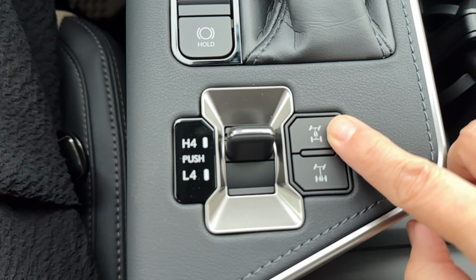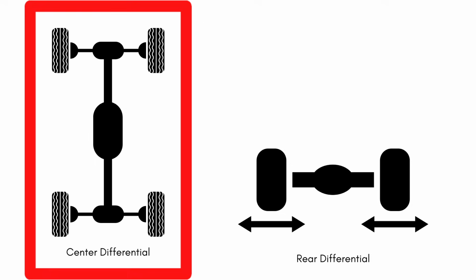For example, you could use the locking center differential if the vehicle's wheels were to get stuck, like in a ditch, or if you were driving on very slippery or bumpy surfaces. When you lock the center differential, it's going to give your GX a 50-50 power split to the wheels. That means half of the power at the front and half at the rear.